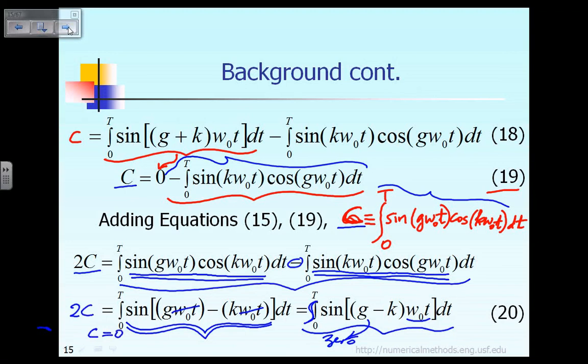But don't forget, c is defined like this, and we just proved that c equals 0. So in other words, we already proved that the integral of sine g omega naught t times cos k omega naught t between 0 and t is equal to 0. We just proved it through this example.